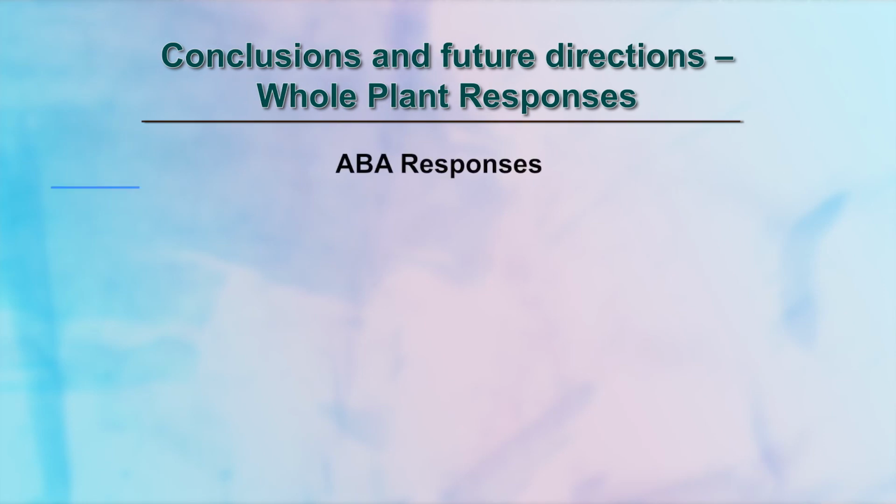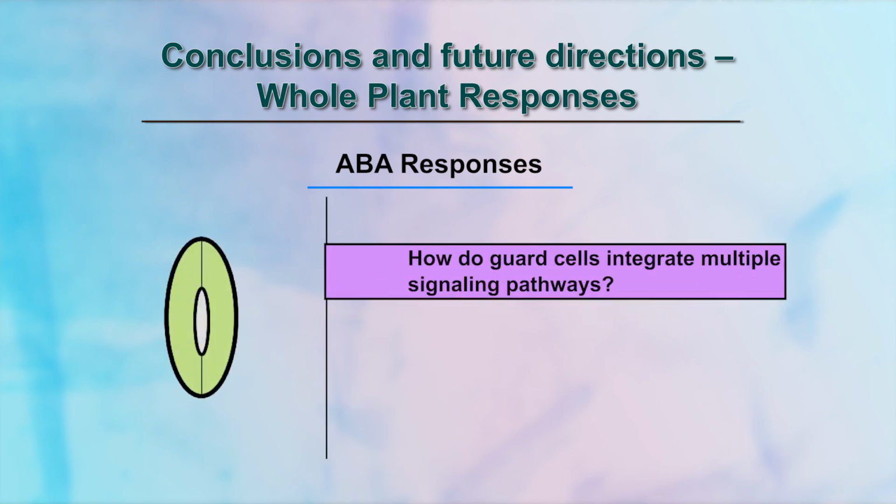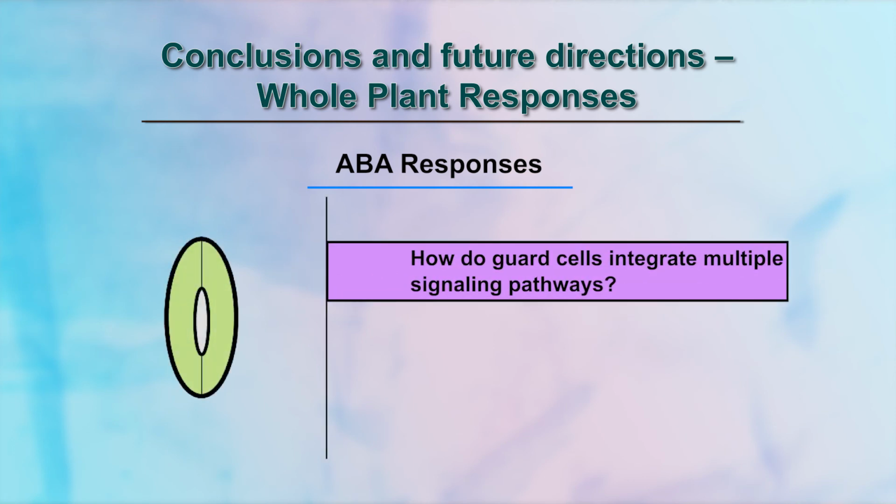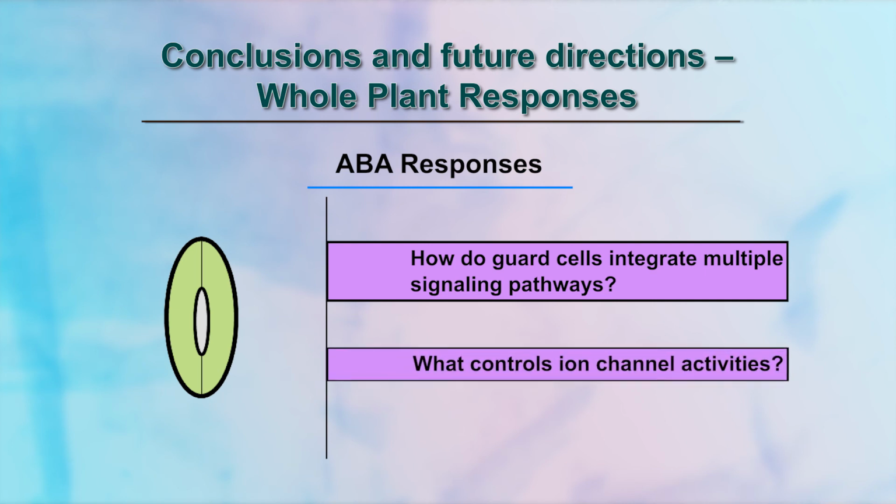Now, if we can understand the detailed mechanism of ABA responses, then probably we will be able to answer many important upcoming questions, such as how do guard cells integrate so many different signaling pathways, or what actually controls the activities of the ion channels in the guard cells.